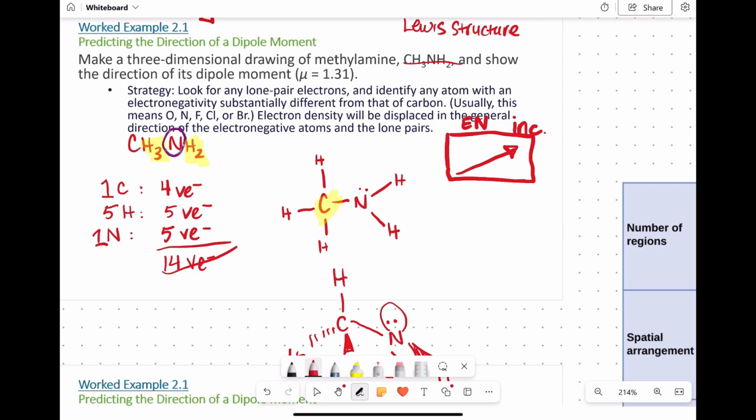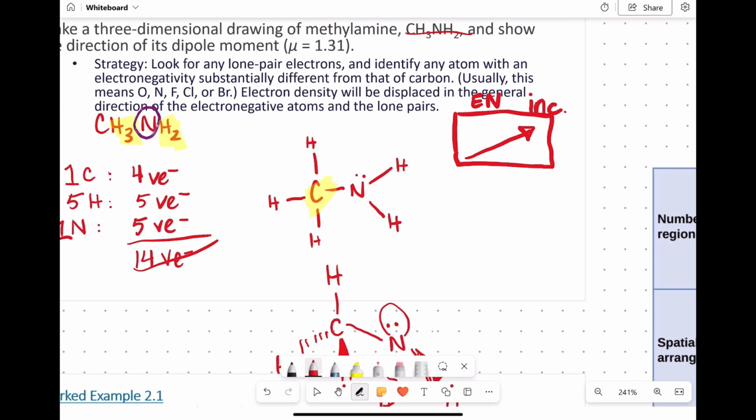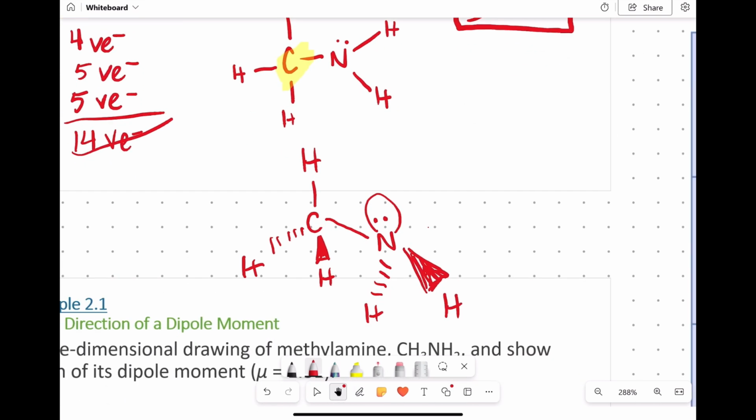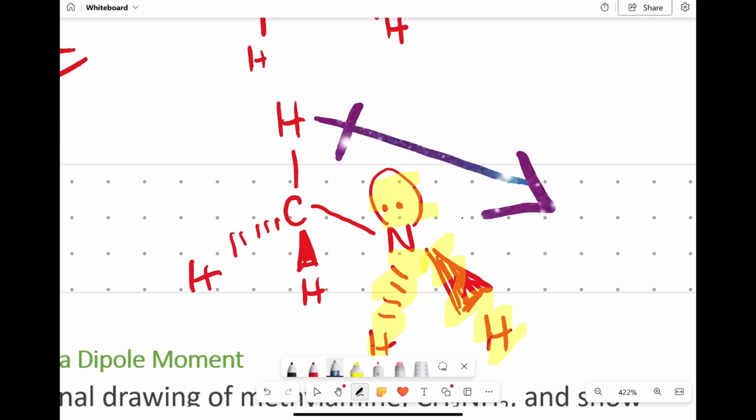So we know that there is a polar bond between nitrogen and hydrogen here. We know that there's a polar bond here. And we know that there is a lot of electron density here. So I would say that the dipole moment as a whole is this way.